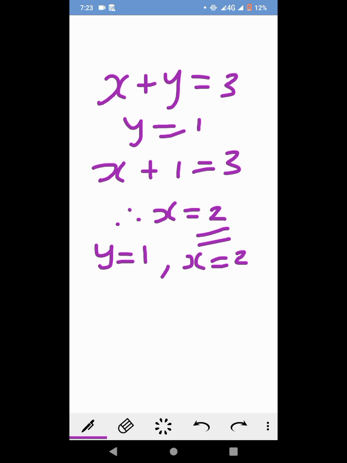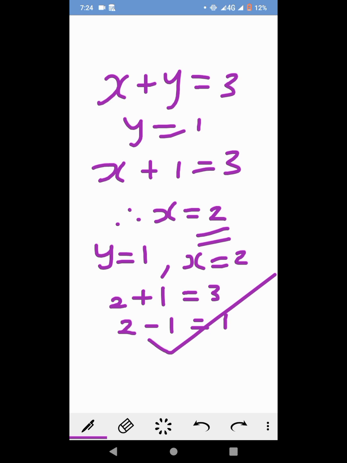If you do our checking, you find out that 2 plus 1 is equal to 3. Okay, and also 2 minus 1 will give you 1. So the values have satisfied the two equations given to us. That means that the values for x and y, they are correct. So that's how we solve simultaneous linear equations using substitution method.